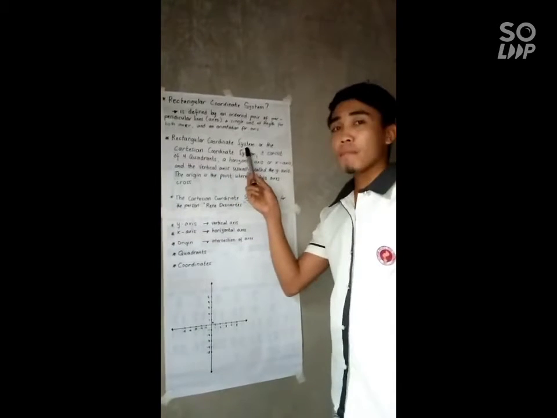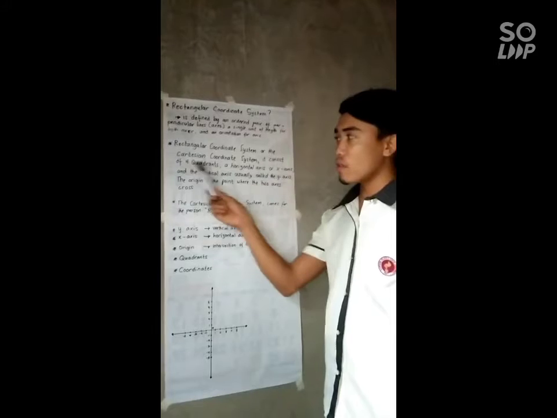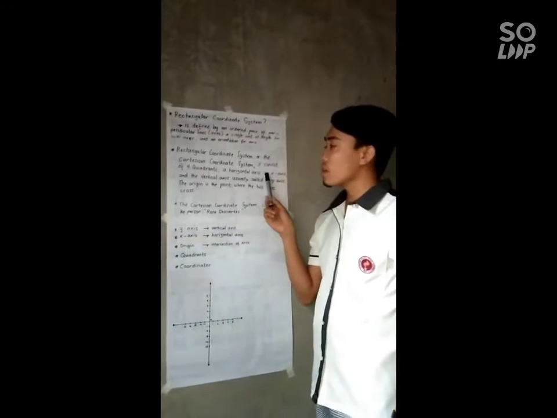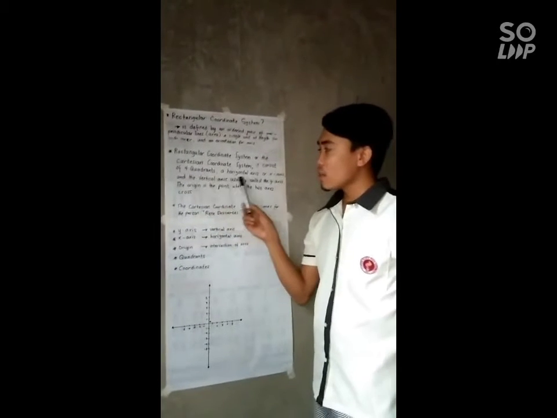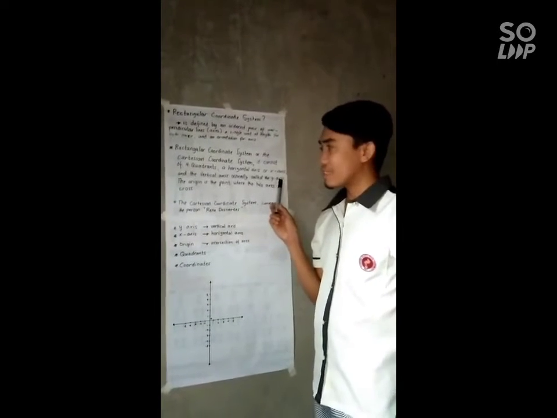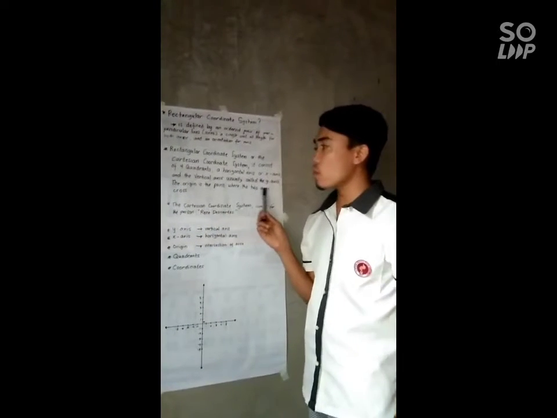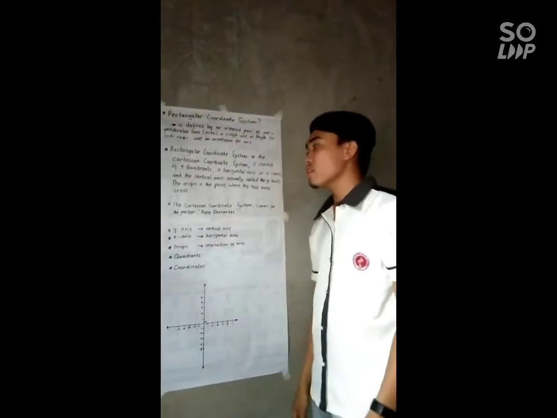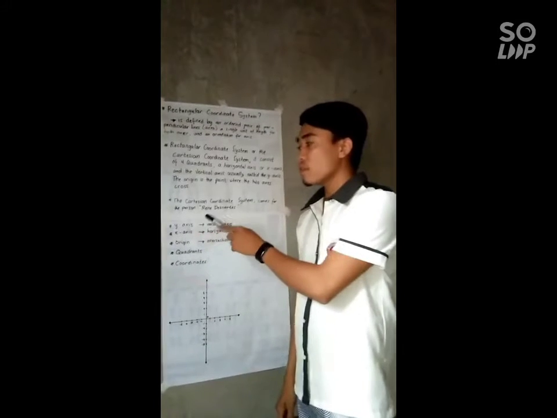Rectangular coordinate system or the Cartesian coordinate system consists of 4 quadrants, horizontal axis or called x-axis, and the vertical axis usually called the y-axis. The origin is the point where the two axes cross. So the Cartesian coordinate system comes from the person René Descartes.